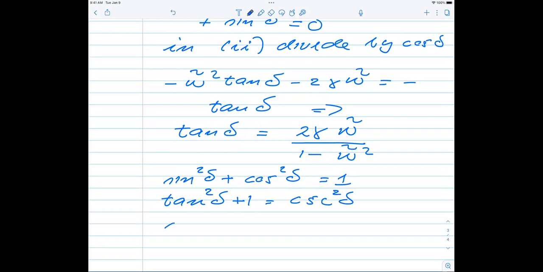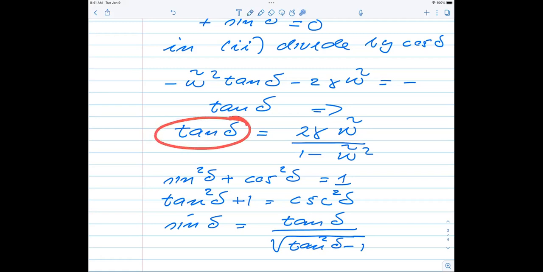And we know that sine delta is given by tan delta divided by tan squared delta minus 1. So what we're going to do now is actually to take tan delta given by this expression here and replace sine delta with this one.